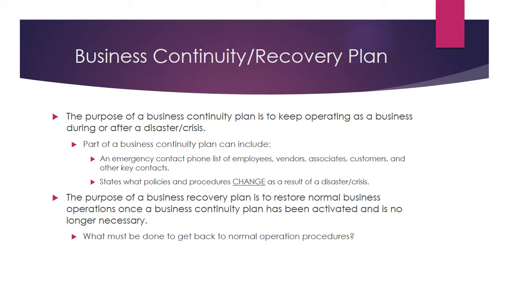An example of a business continuity plan is in my office. I deal with QuickBooks, and I go in, I type in who I'm going to make a check out to, and I put a check in the printer and it prints out.